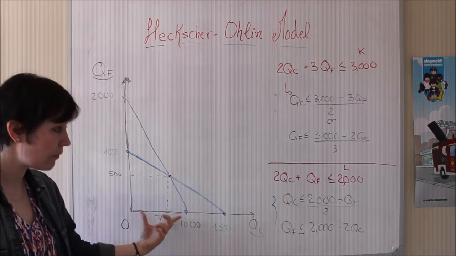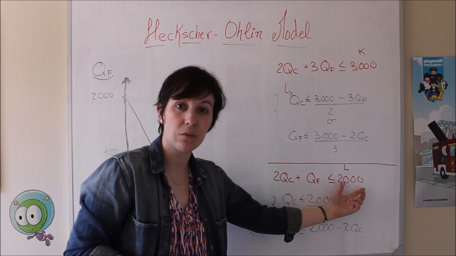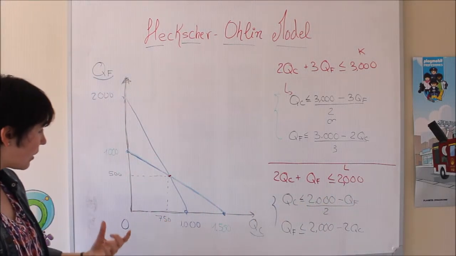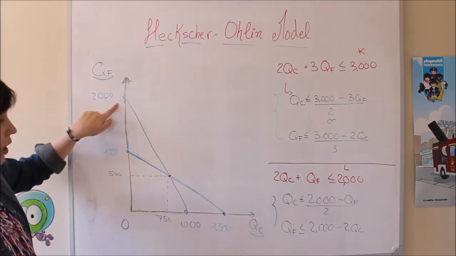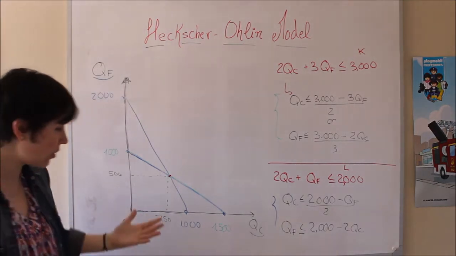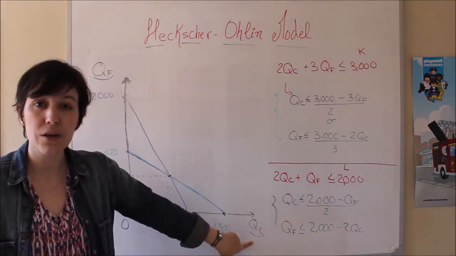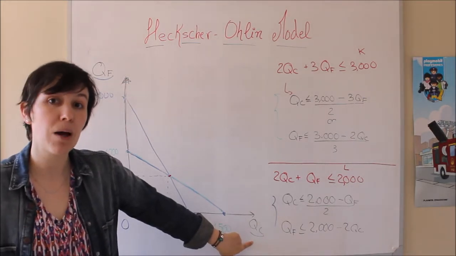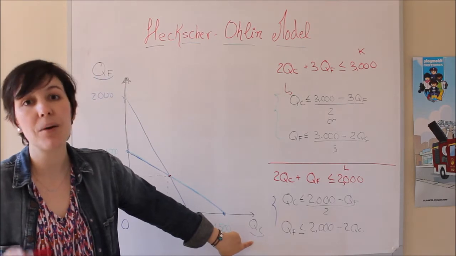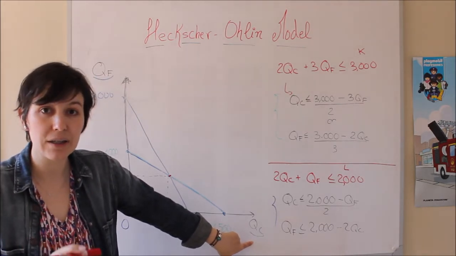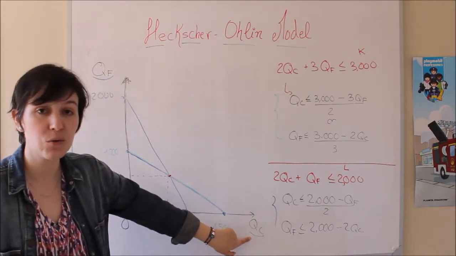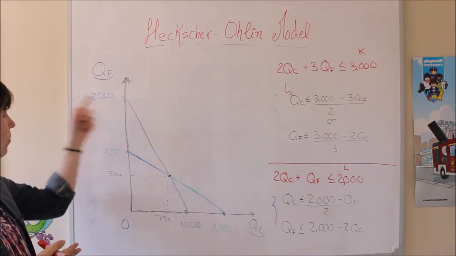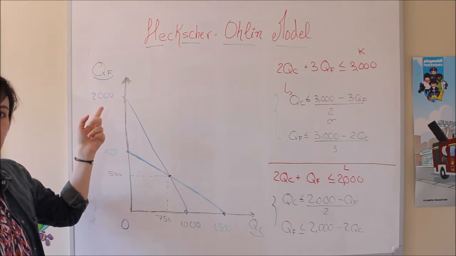Given that the total amount of labor is the same in both industries, this 1,000 is smaller than this 2,000. How is that possible? Because this industry uses a lot of labor. So given the same amount of labor, if it is allocated only in this industry, it is going to produce less than if it is allocated in the other industry.